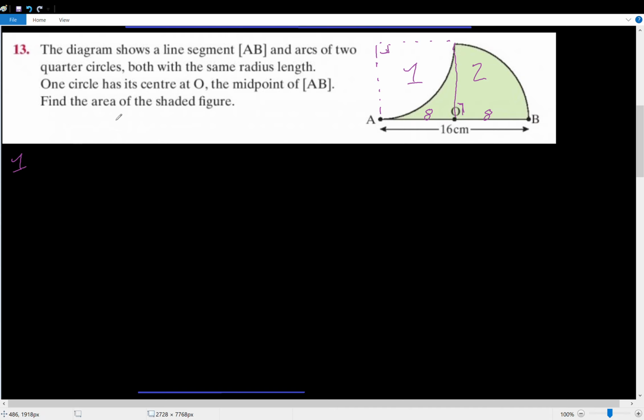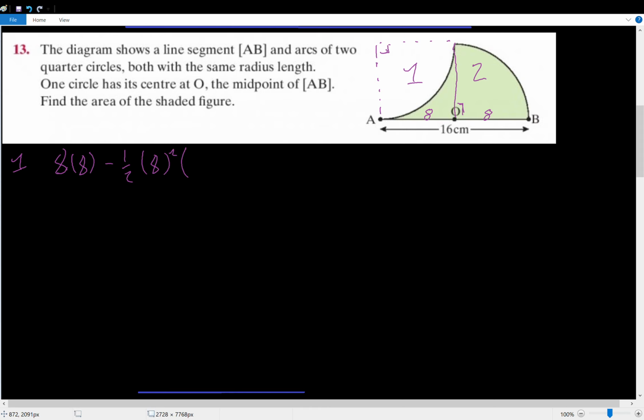The area on the left, area number 1, is going to be the area of that whole square, so 8 by 8, take away the area of the quarter circle, which is 1/2 times the radius squared times theta, the angle at the center.